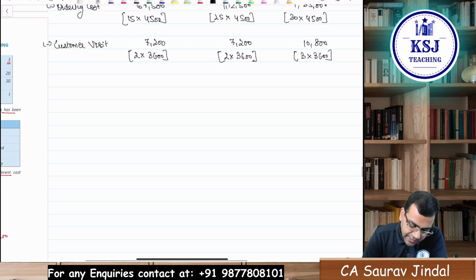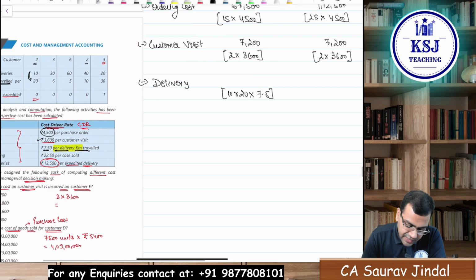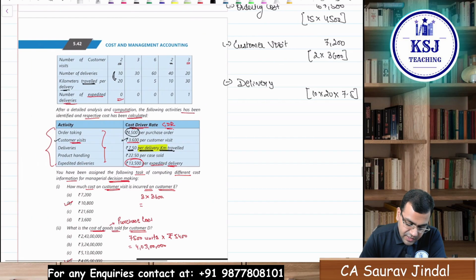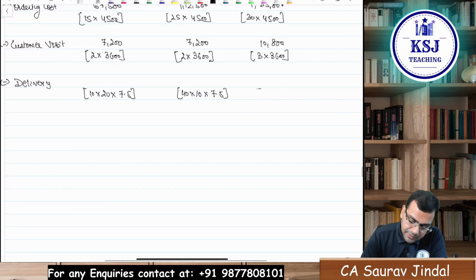So I'll subtract here minus delivery cost. Delivery cost for A will be 10 deliveries, 20 kilometers per delivery multiplied by 7.5. For D, it will be 40 multiplied by 10. 40 deliveries, 10 kilometers per delivery multiplied by 7.5. And for the last one, it will be 20 multiplied by 30.